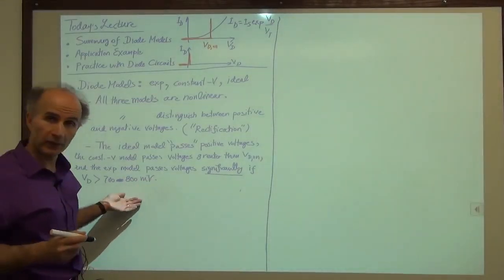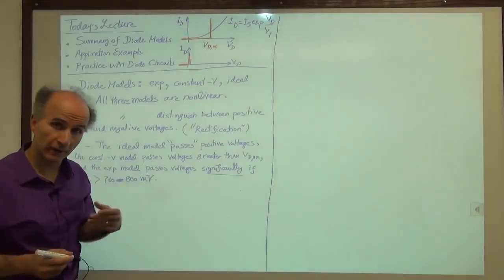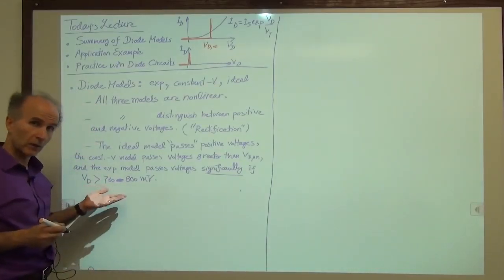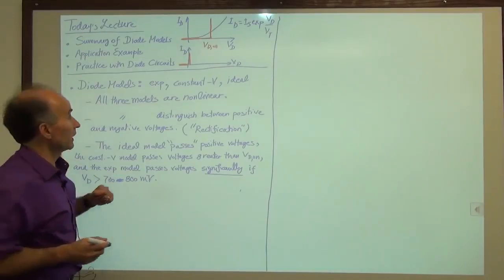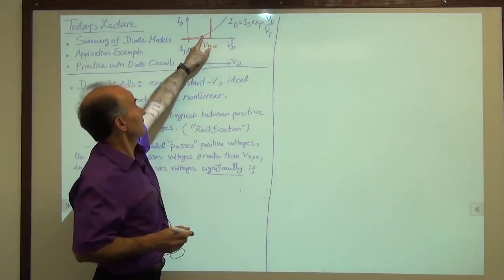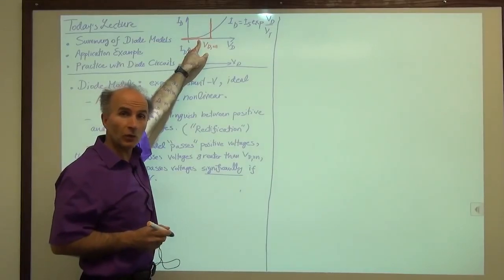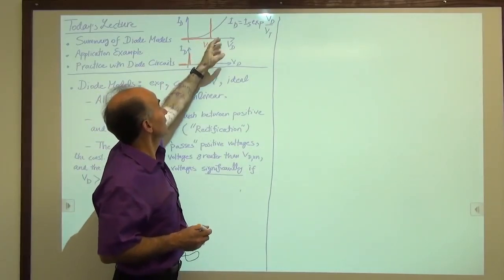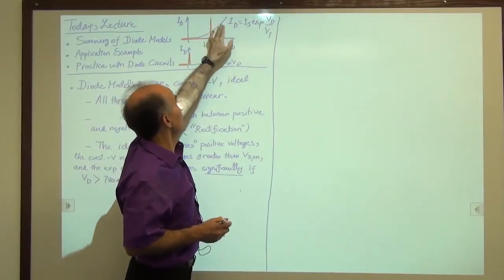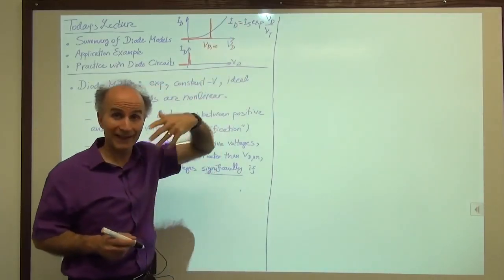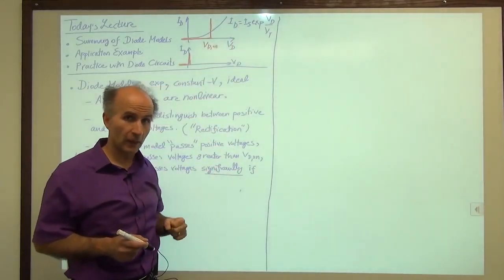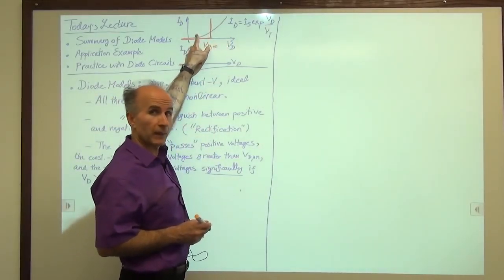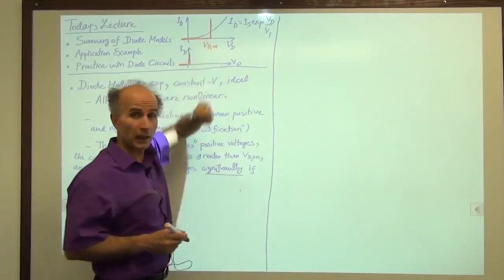This goes back to our previous studies where we saw that for typical current levels in a forward bias condition, the voltage across a PN junction or a diode would be about 700 to 800 millivolts. So even though the exponential model has some current around here, we don't worry about it too much. It's not a whole lot of current in most applications. So around 700, 800 millivolts, the exponential model also begins to have significant current conduction. The only distinction between these two models is that we remember this is an exponential, whereas here we approximate it by a vertical line.